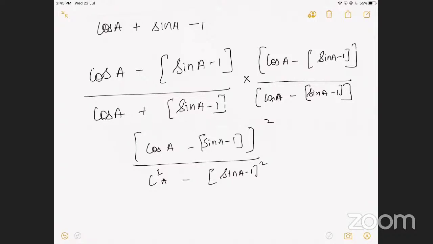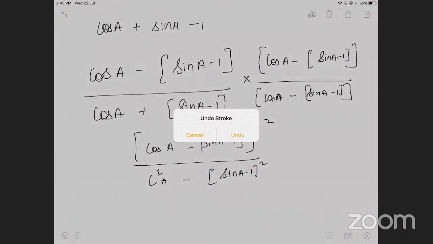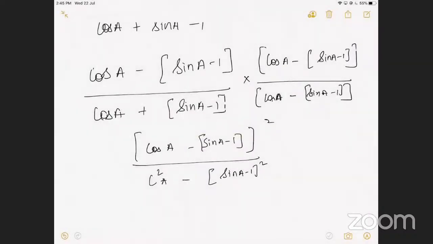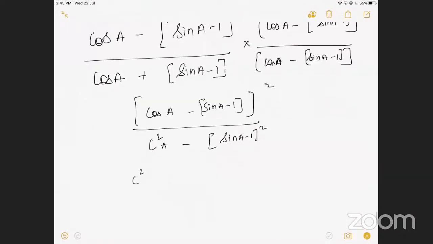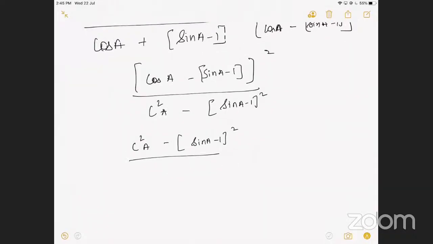So now if you open up the brackets, it will be cos square A minus of sin A minus 1 the whole square, plus minus 2 cos A into sin A minus 1.